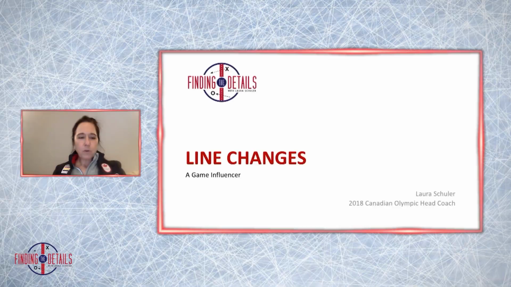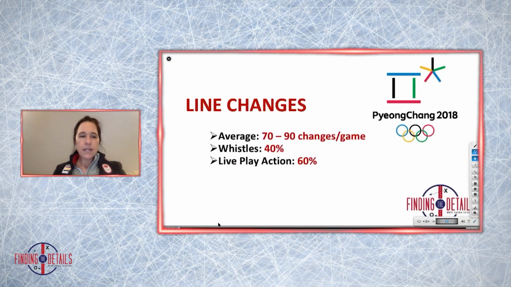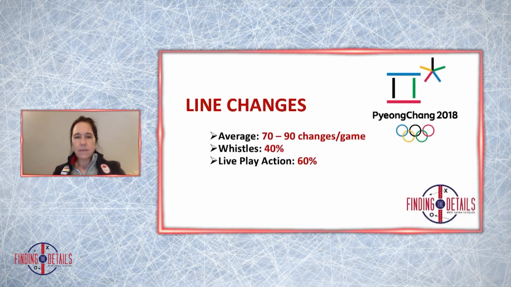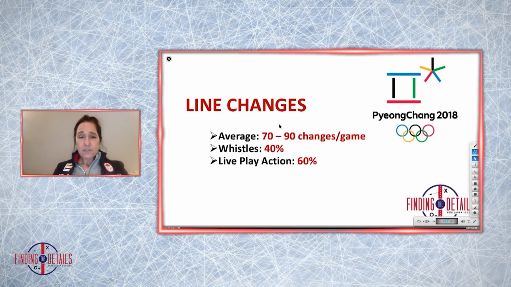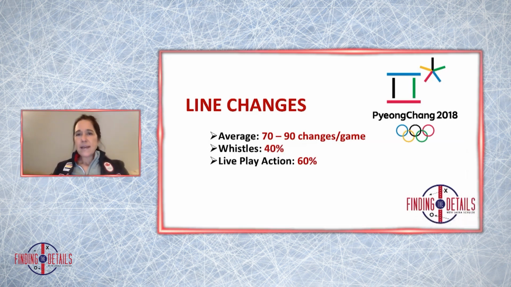So when I looked at our line changes from the most recent Olympics, we averaged anywhere from 70 to 90 changes per game. That's a ton. And 40% of those changes were a result of the play being blown down by the referee, so whistles.